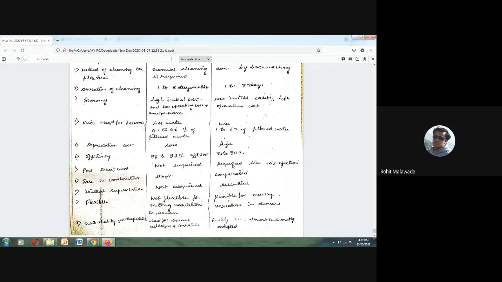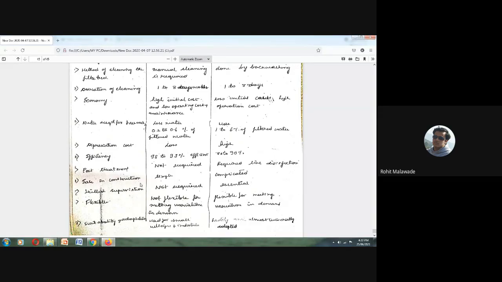As we normally utilize the rapid sand filter in community water supply, we are going to have the disinfection process, that is chlorination, in case of large community water supply.